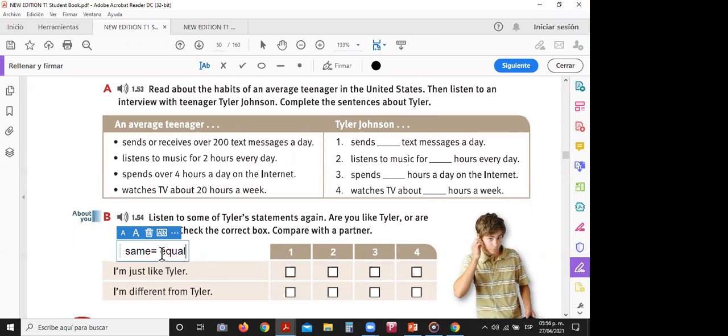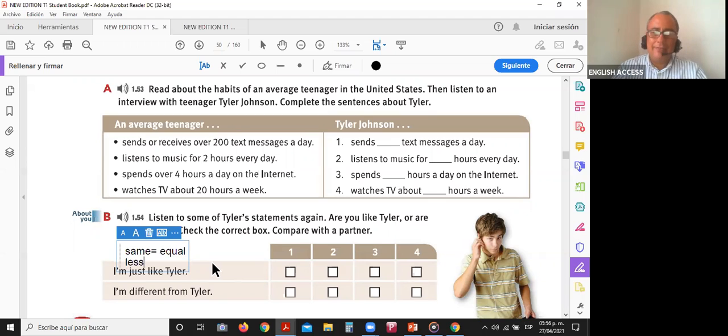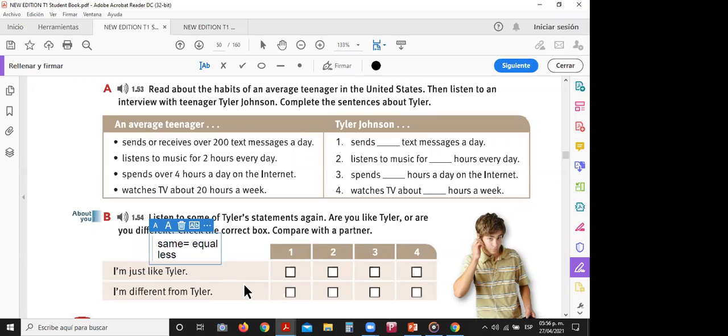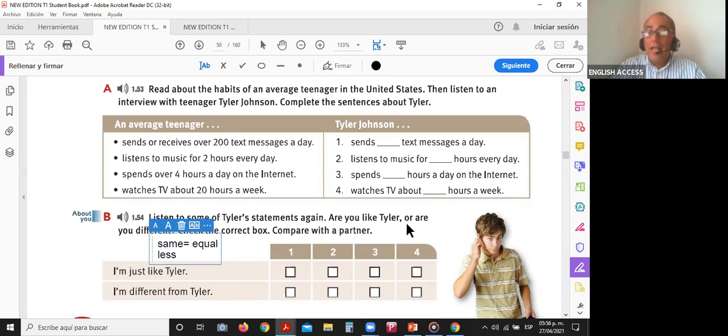Y para decir menos, you say less. So less time, less hours, less text messages, less hours listening to music or watching TV or hours on the internet. Less time.